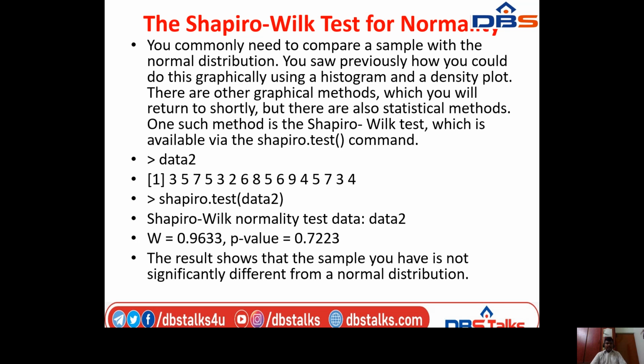Now here data2 is there: shapiro.test(data2). Here the output says Shapiro-Wilk normality test, applied to data2. It gives W, a value, and then the p-value. The result shows that the sample you have is not significantly different from a normal distribution.